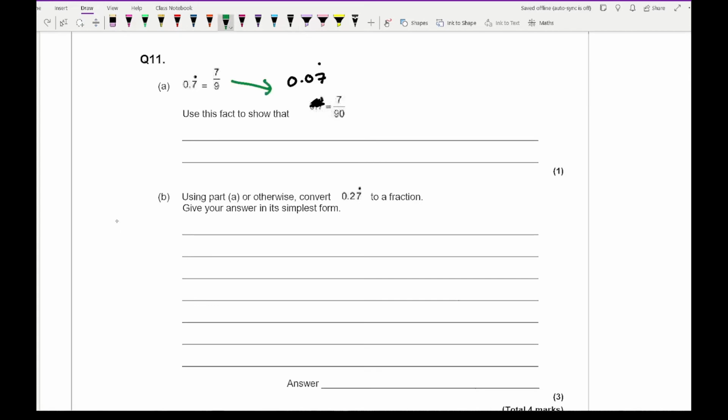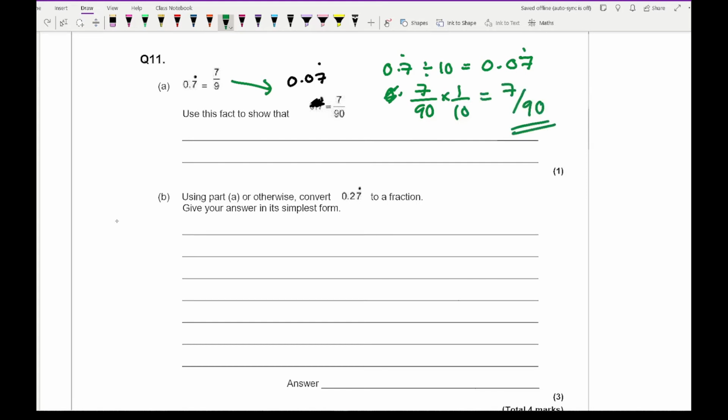Now, 0.7 recurring divided by 10 equals 0.07 recurring. Now divided by 10 is the same as times 1 over 10, and 7 over 9 times 1 over 10 becomes 7 over 90.